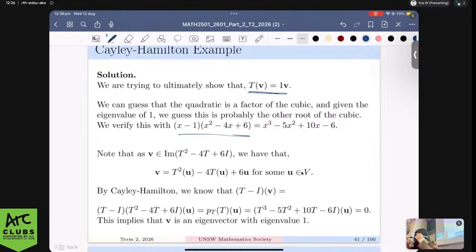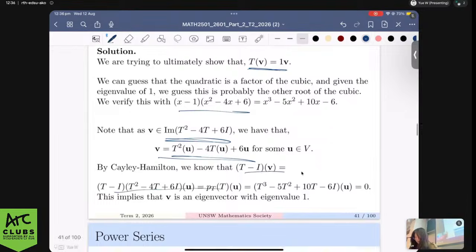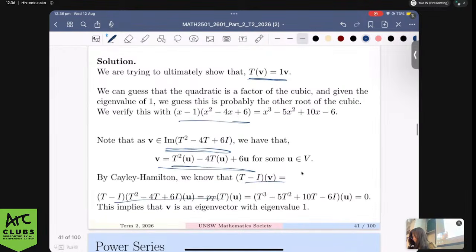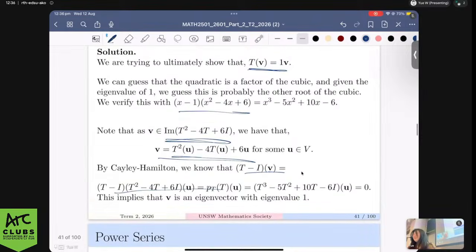Note that if v is an element of the image, we can write that in this form. Then by Cayley-Hamilton, we know that this thing here is equal to that, and you simplify everything. In the end, this implies v is an eigenvector with an eigenvalue of 1. That's pretty intuitive.